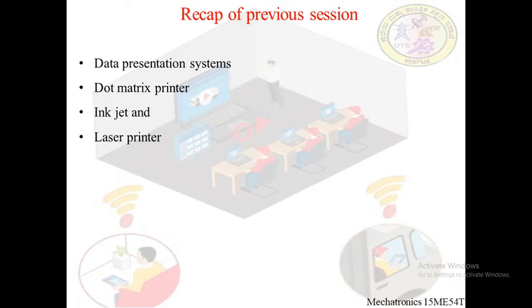And lastly, we saw laser printers, which use a laser beam to charge the drum, which attracts the toner powder, and which itself is impinged on the paper in order to produce the letters and images on the paper. The fundamental concepts have been understood using suitable videos.